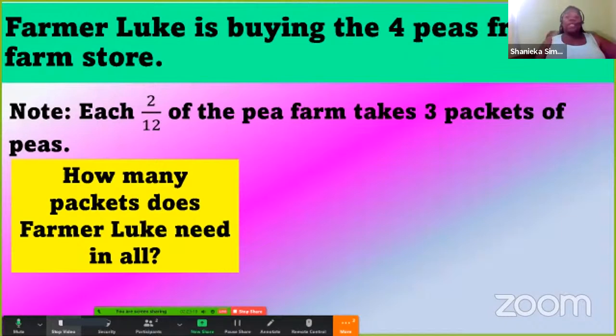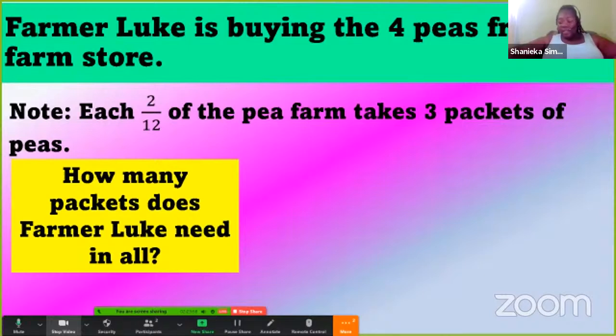But remember, he can't go to the farm store and buy half a packet of peas, right? So we have to think about it. It says each 2/12 of the pea farm takes 3 packets of peas. And remember, just now we worked out what fraction the red peas take up and what fraction the cowpeas take up, and we worked it all out in twelfths, the same equal parts.